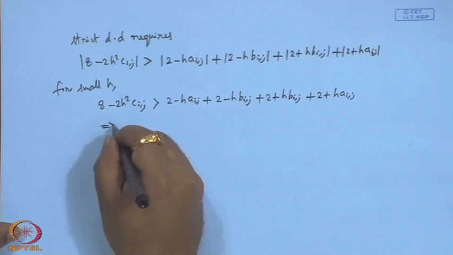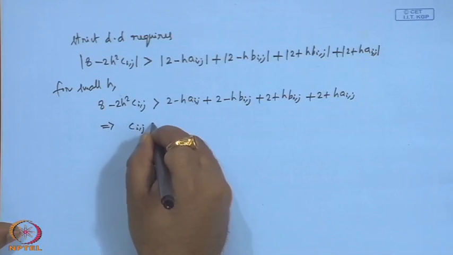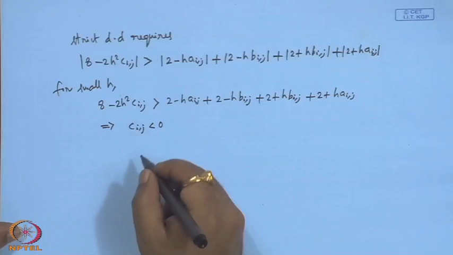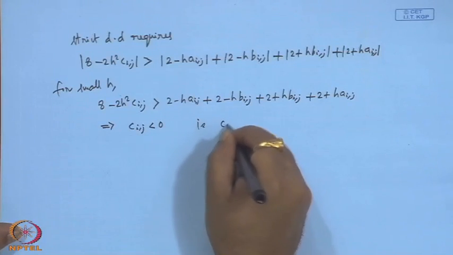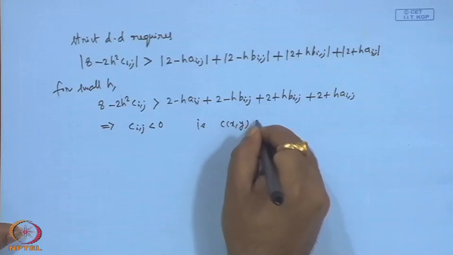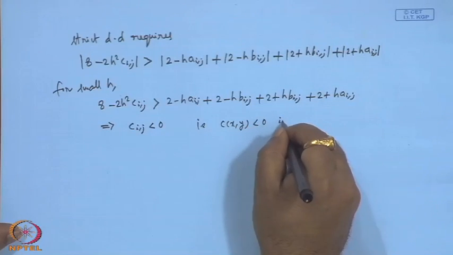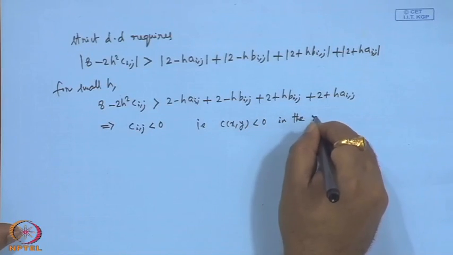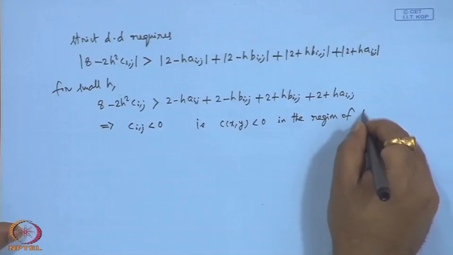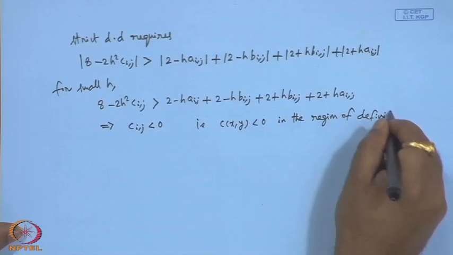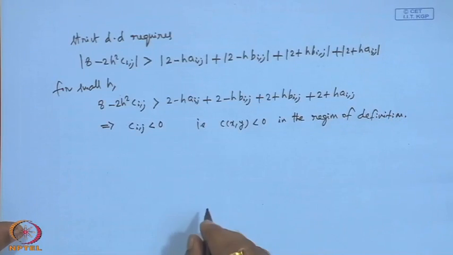So, this implies c I j is less than 0. So, which means c of x y is less than 0 in the region of, okay.